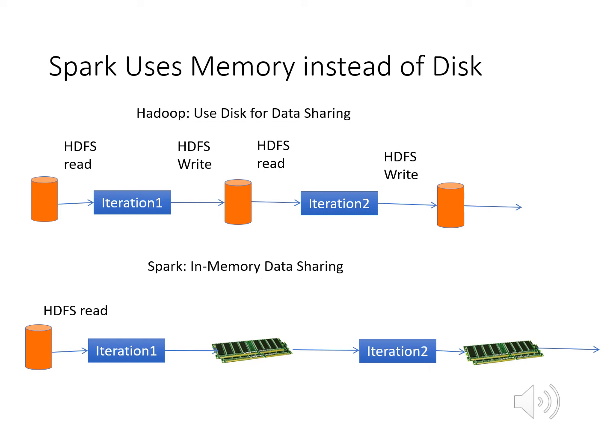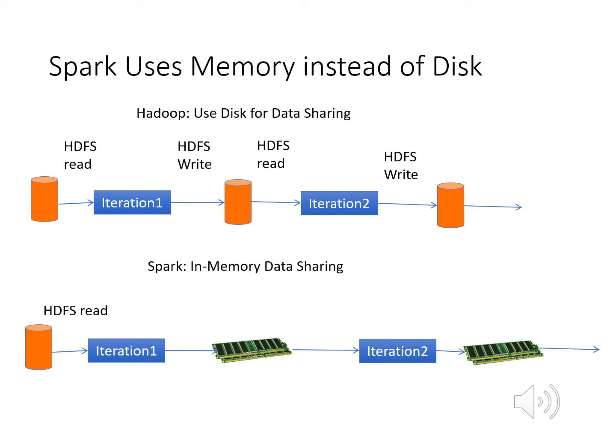On the other hand, Spark provides in-memory data sharing. So during the operation with multiple iterations, the data will not be stored to disk. It will be held in the memory.